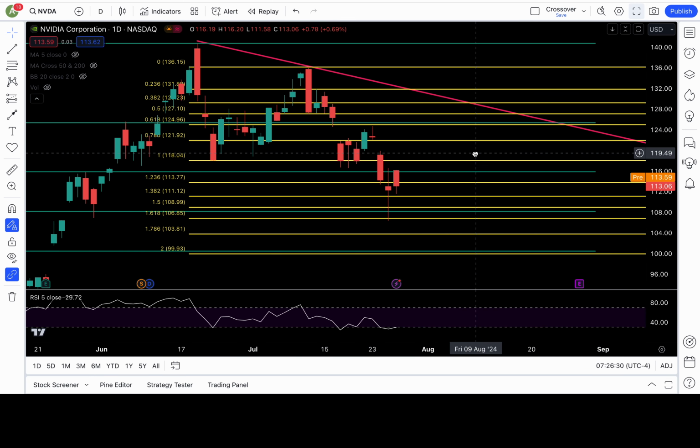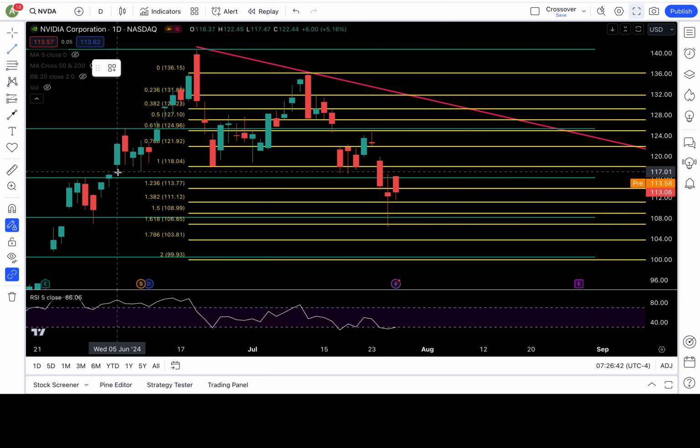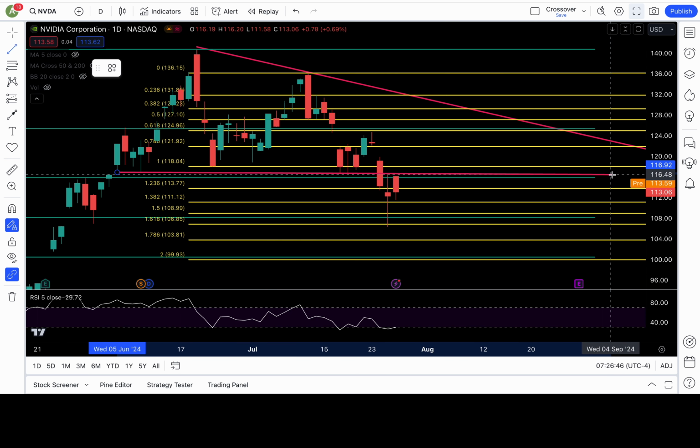And let's see what we have here. So, in order to be bullish, NVDA needs to do a few things. We also had that descending triangle pattern. I forgot to put the support of it. All right, we had the descending triangle pattern. You guys see in the pink line.